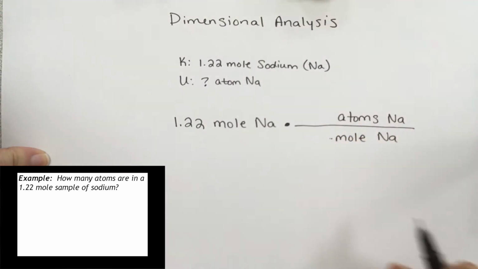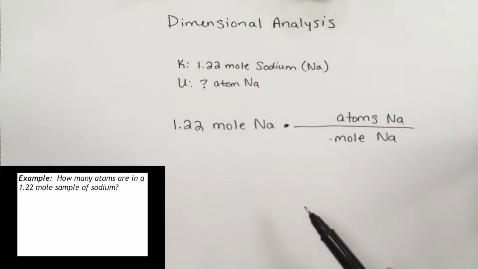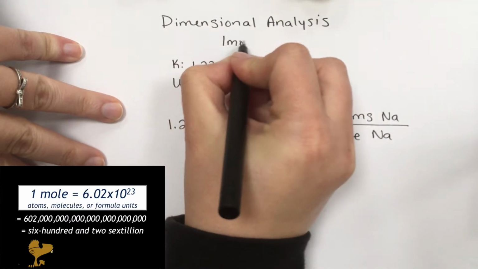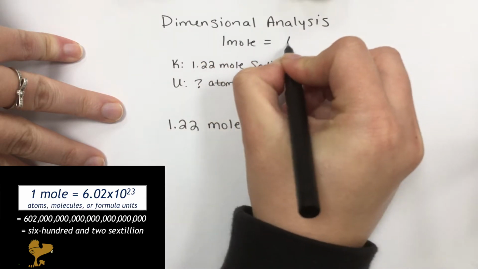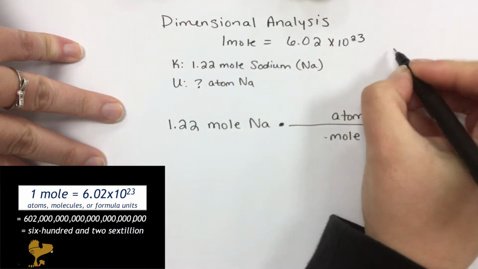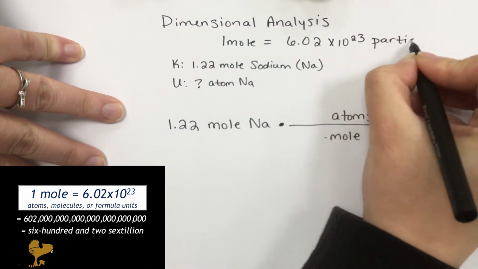of sodium. Okay, so basically, just like the PowerPoint previous, 1 mole, I'll write it here, 1 mole is equal to 6.02 times 10 to the 23rd particles. I'm just going to say particles to include everybody.